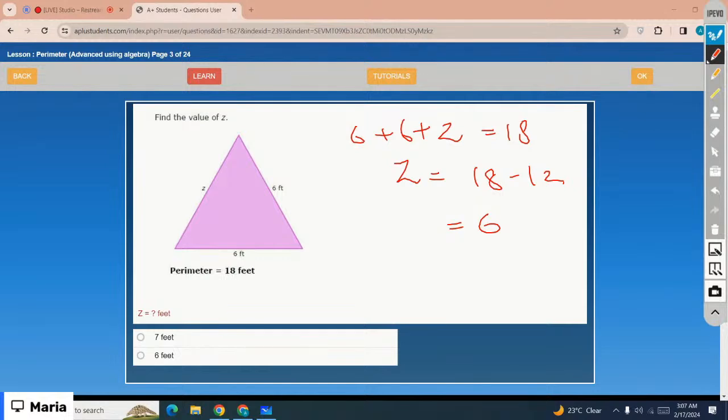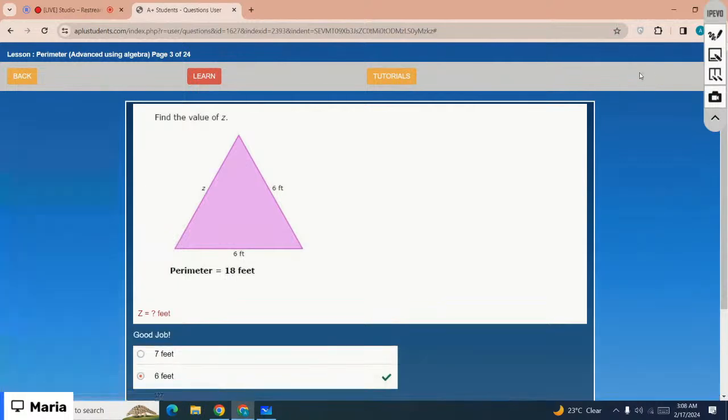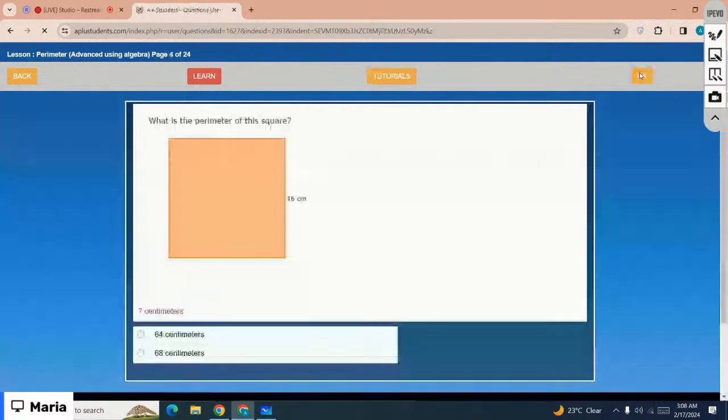Okay, the next one is, so the missing side length equals 6 feet. The correct option is 6 feet. What is the perimeter of the square? Which is the correct option?